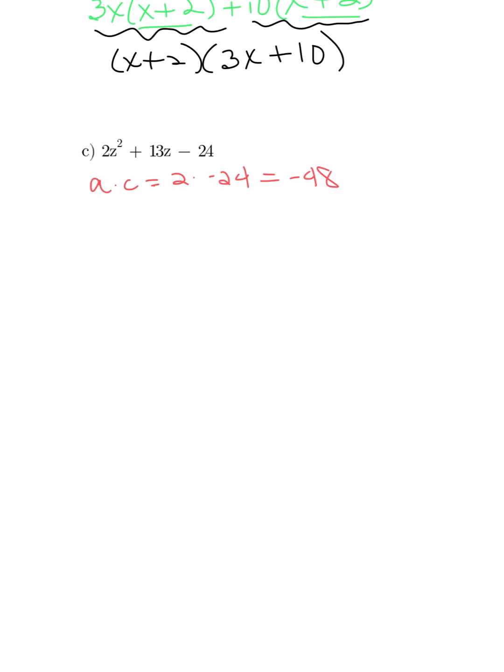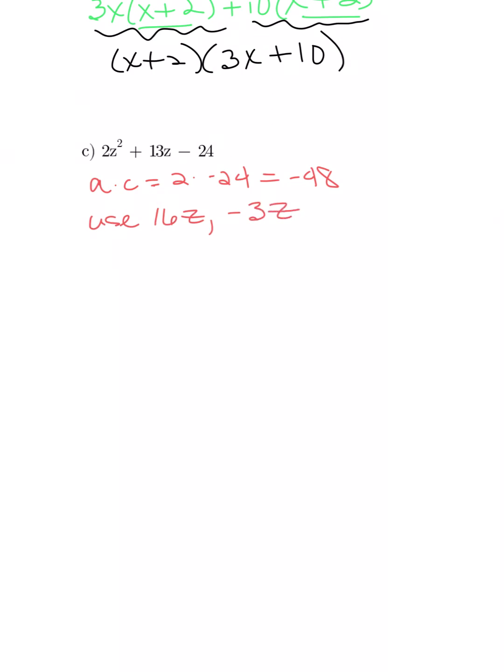That might be a harder one for you to come up with, but it's 16 and 3. 16 times 3 is 48, and if we subtract 16 and 3, we will get 13. Keep in mind that we need to get a positive 13, and our factors have to be one positive and one negative. The bigger factor needs to match the sign of that middle term. So we are going to use positive 16z and negative 3z.